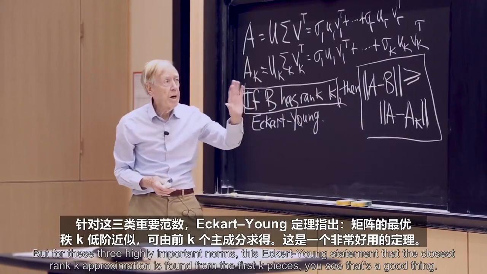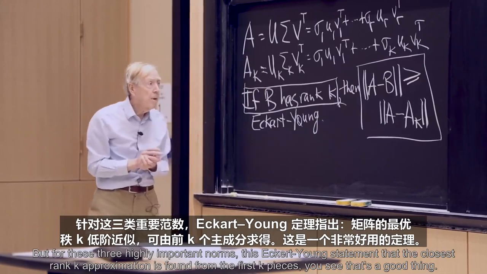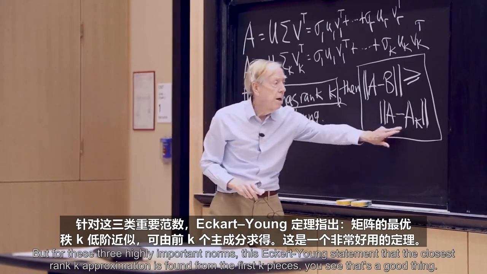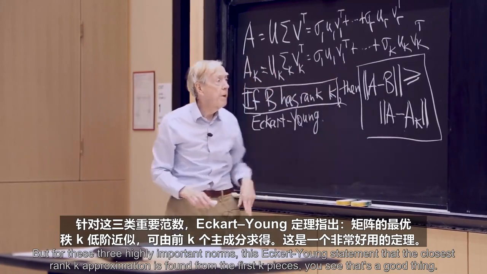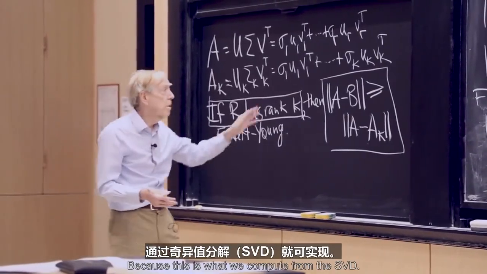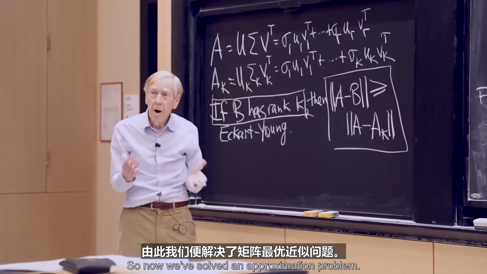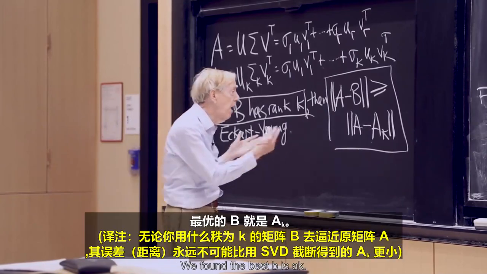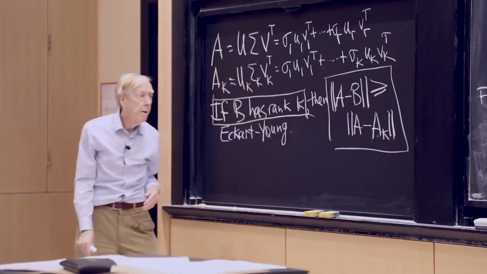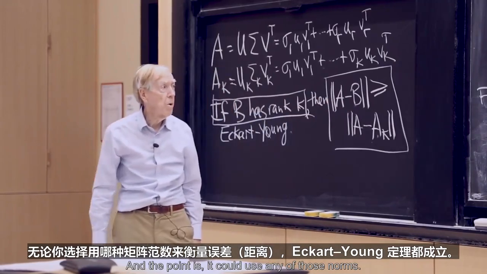But for these 3 highly important norms, this Eckart-Young statement, that the closest rank K approximation is found from the first K pieces, is true. That's a good thing, because this is what we compute from the SVD. So now we've solved an approximation problem. We found the best B is A_K. And the point is it could use any of those norms.